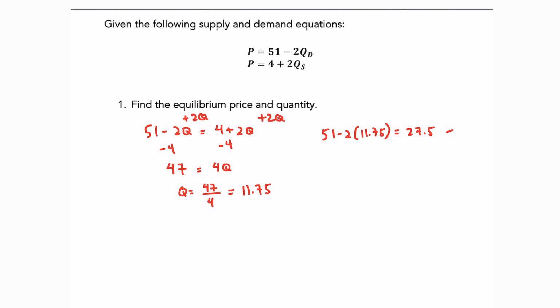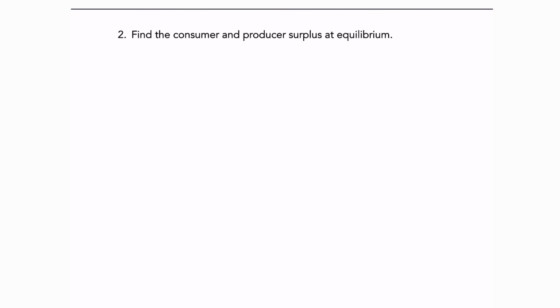So we have our equilibrium price and equilibrium quantity. In the second question, we've asked you to find the consumer and producer surplus at equilibrium.